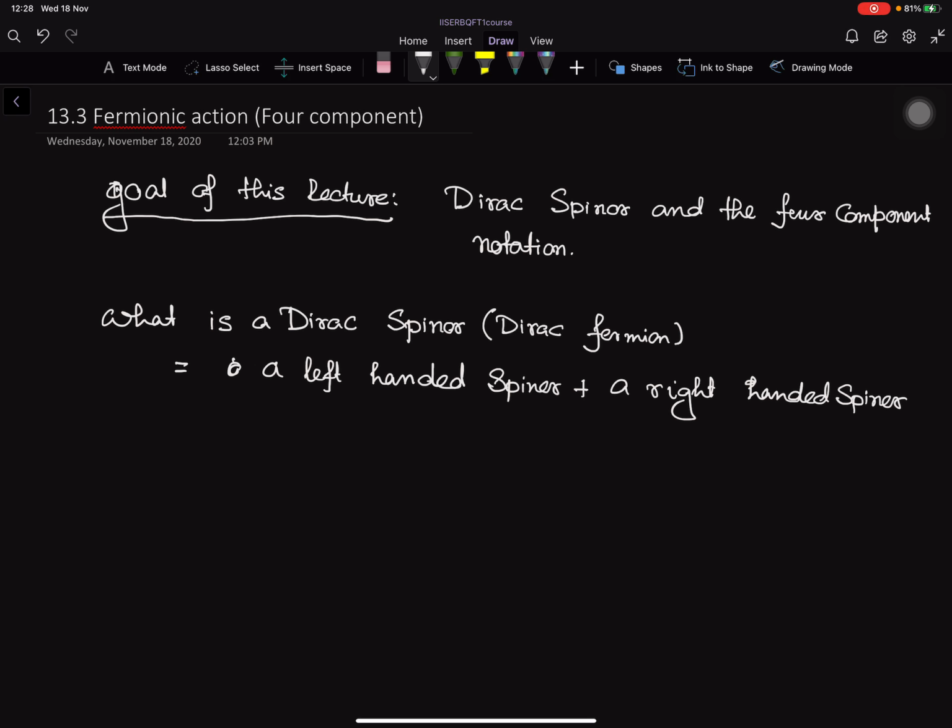In the representation theoretic language, this is (1/2, 0) plus, not product, plus (0, 1/2). So typically a Dirac spinor is written in this way.